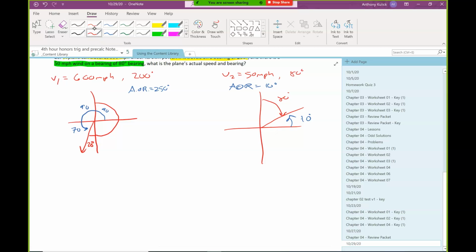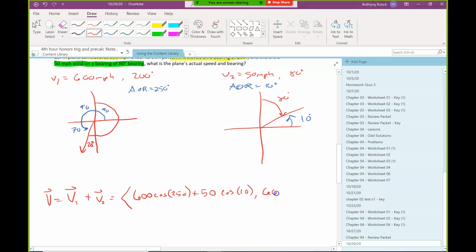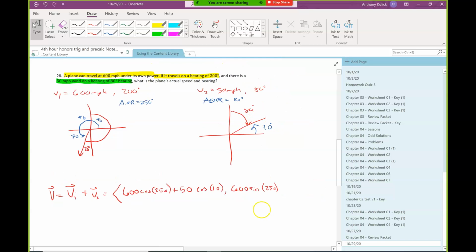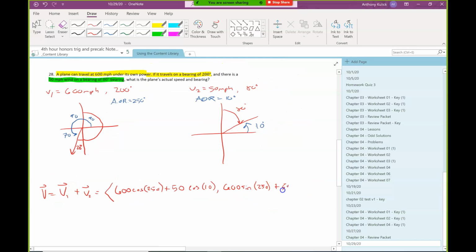So then I can resolve this vector. Our resultant is vector 1 plus vector 2. So that's going to be 600 cosine of 250 plus 50 cosine of 10, comma, 600 sine 250 plus 50 sine of 10.